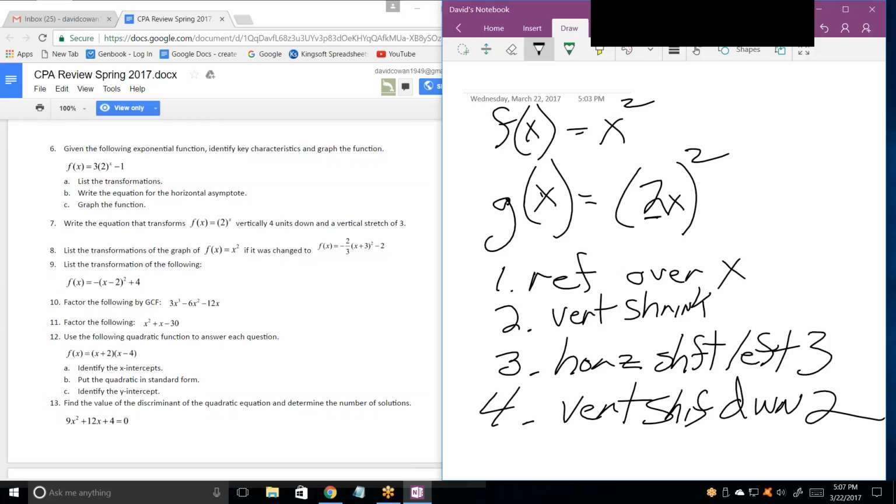In other words, if the number is a vertical and it's greater than 1, it's a stretch. If it's a horizontal and it's greater than 1, it's a shrink. And notice that when I was doing the last equation and I moved that to something like that and said it's like a horizontal shrink, well, notice that horizontal shrinks look just like vertical stretches.